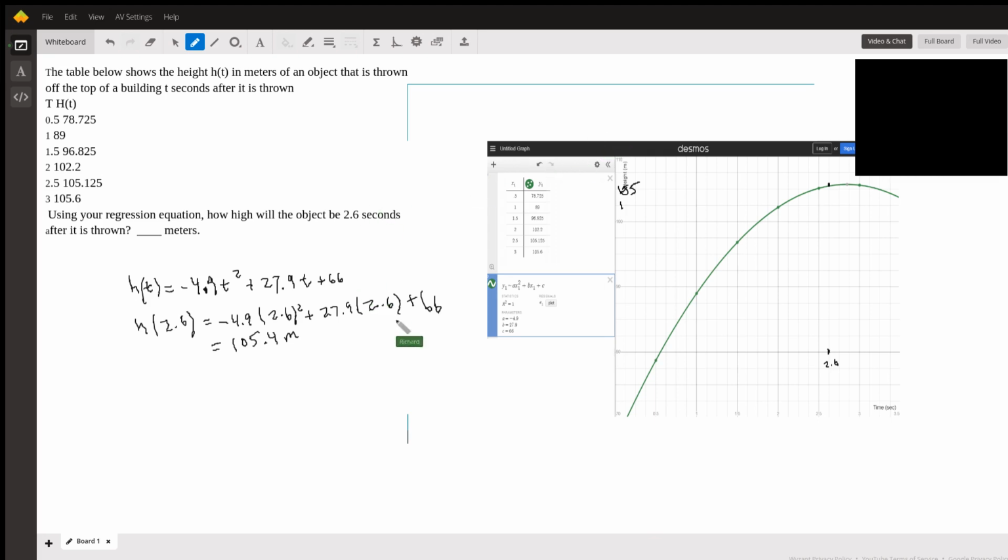So to actually get the regression equation after you put the data in, it's Stat, Calc, and then you would choose option 5, which is quadratic regression.